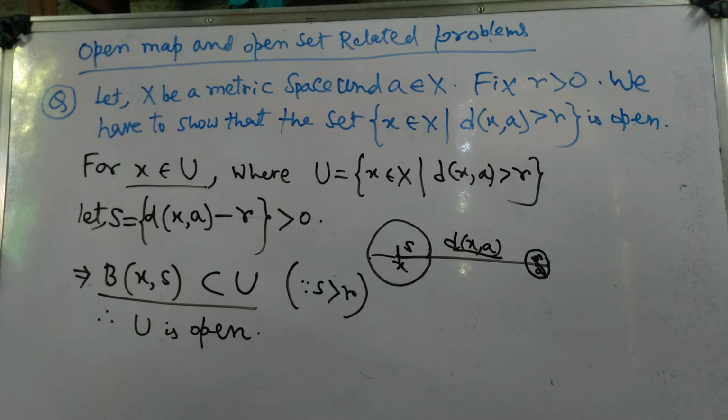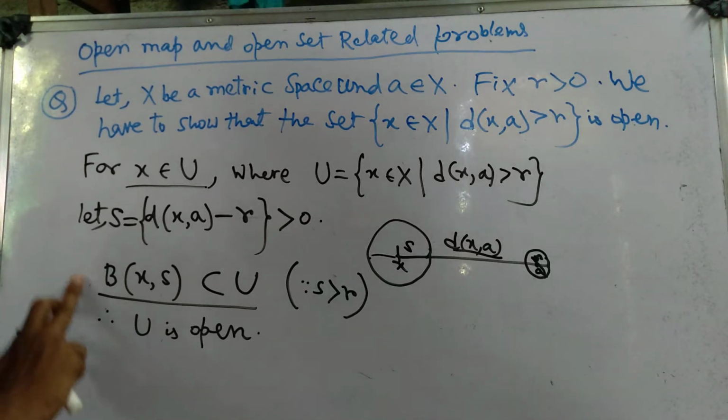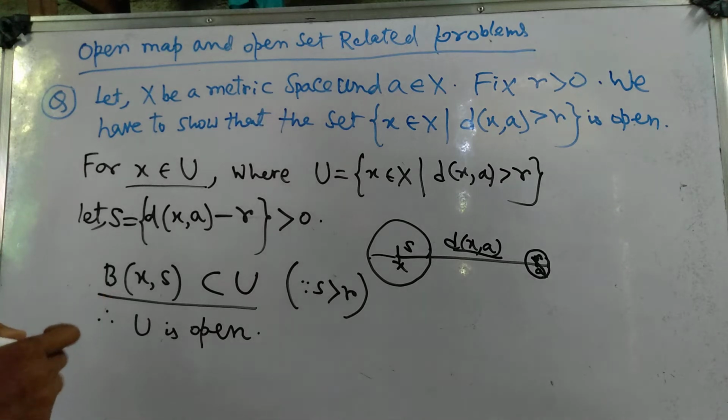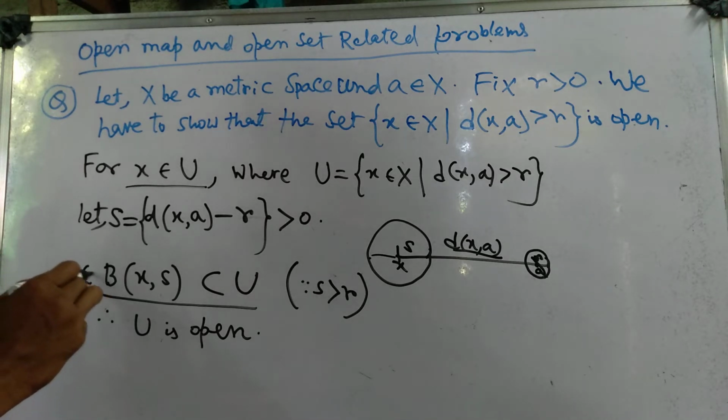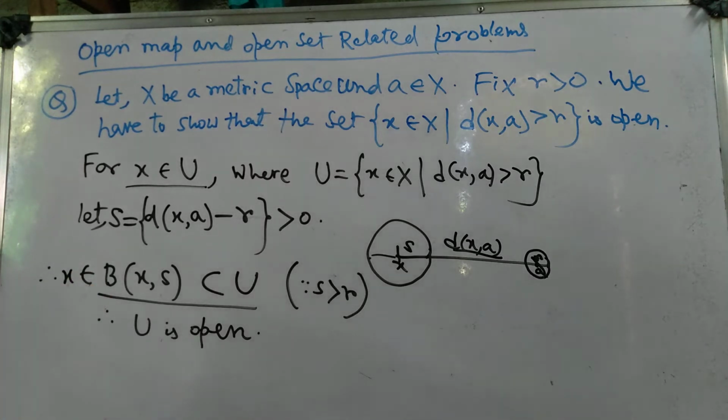So the ball B(x,s) contains x and is contained in U also. Okay, so U is open.